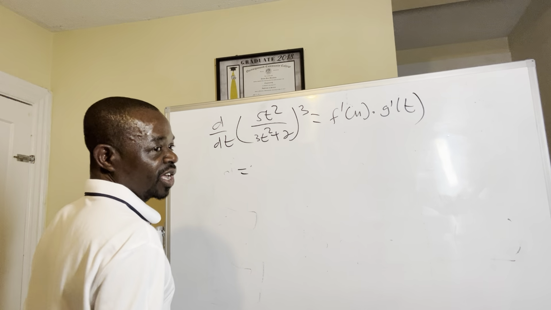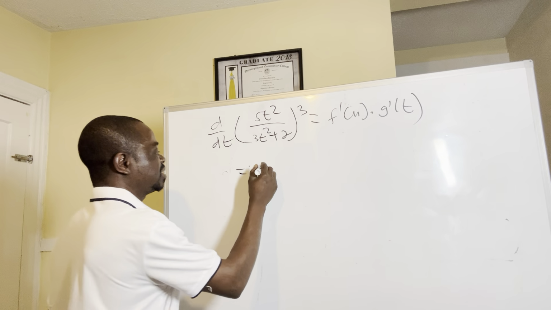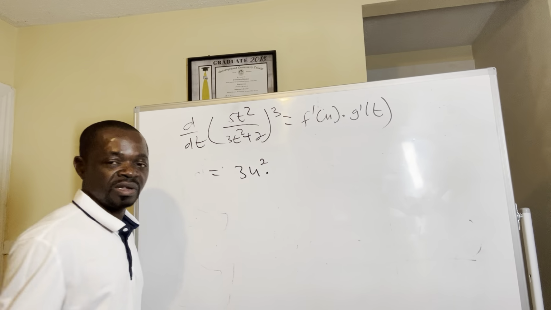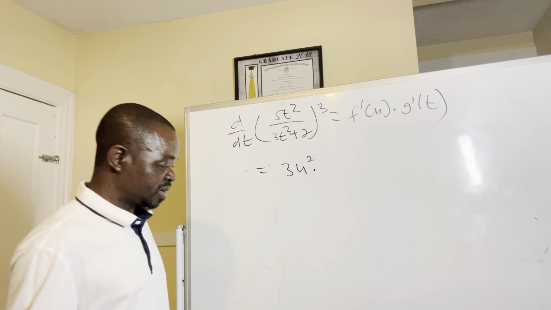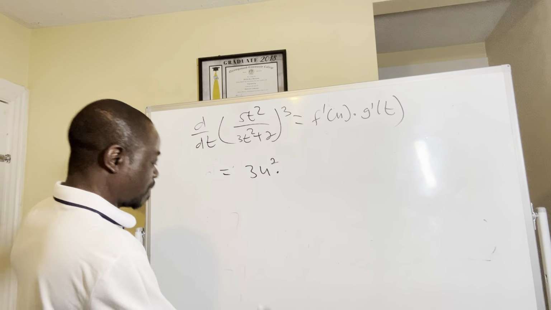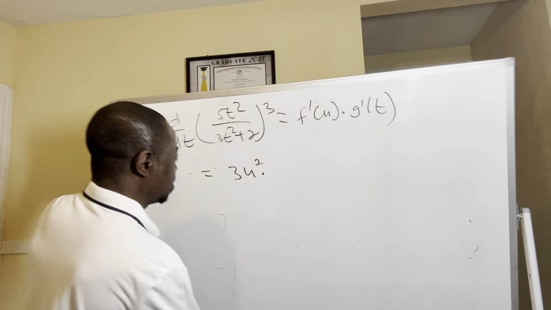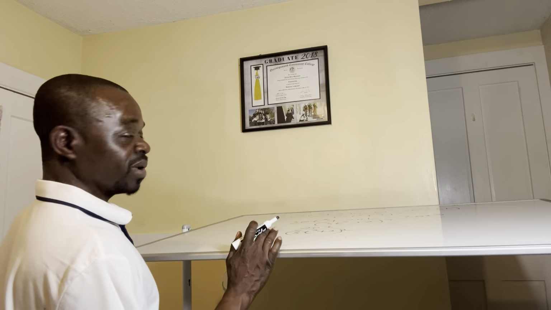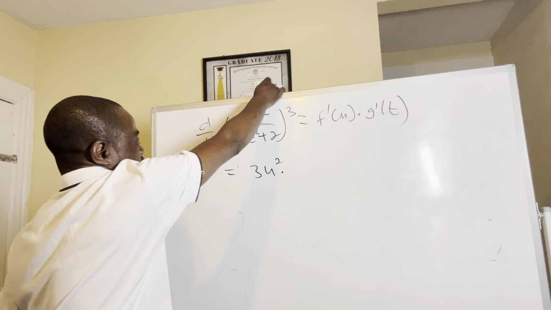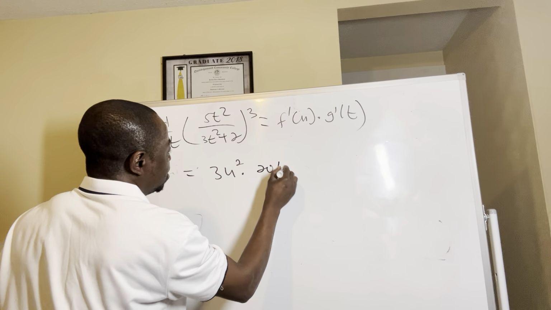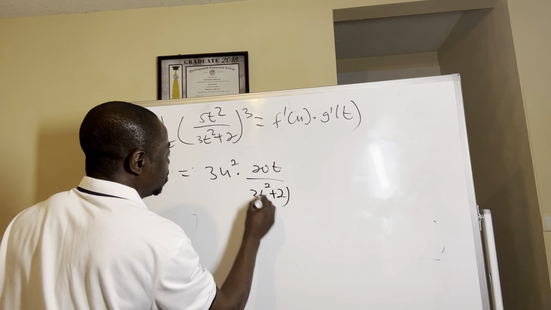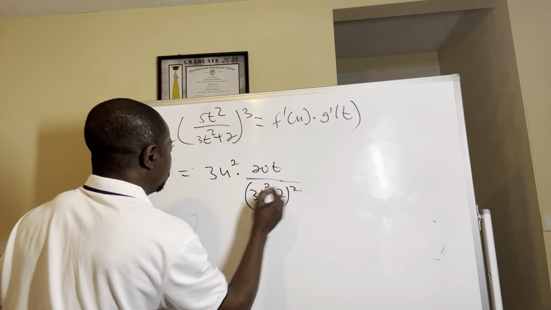So that gives us our f prime of u is 3u to the power 2. Then we'll multiply by our g prime of t, which is 20t all over 3t squared plus 2, all raised to the power 2.